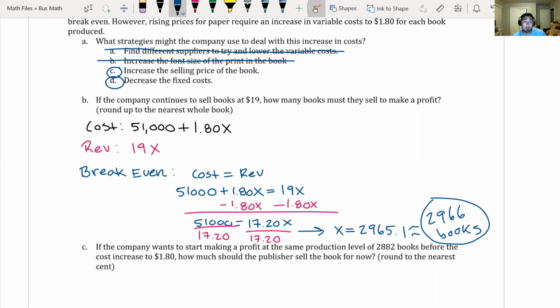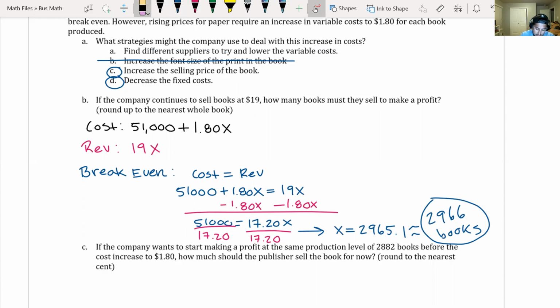Okay, so in order to make a profit at this new cost level, we're going to have to sell 2,966 books.